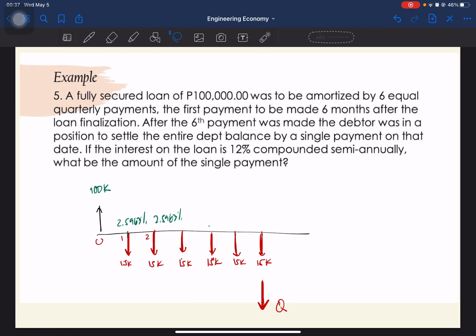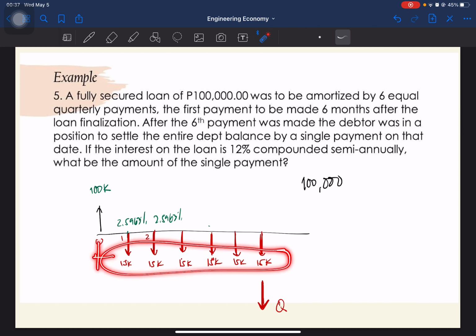Pwede mong sabihin na 100,000 equals the present worth of all these payments plus the present worth of Q. Tama? So, ganun lang naman yung sa cash flow diagram natin eh. Kailangan mo lang pag-equalin yung arrow pataas equal sa arrow pababa. Okay? They should be equal sa isang time. So, dalhin na lang natin lahat ng payments to time 0.